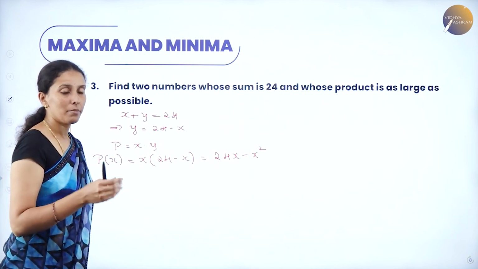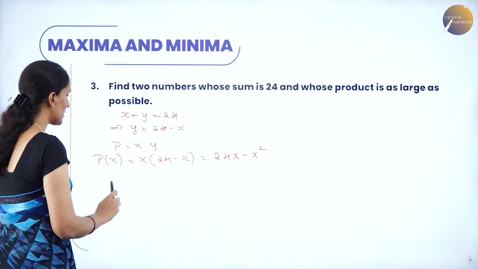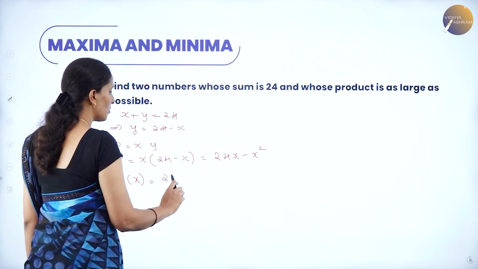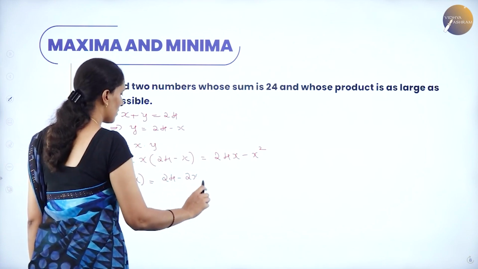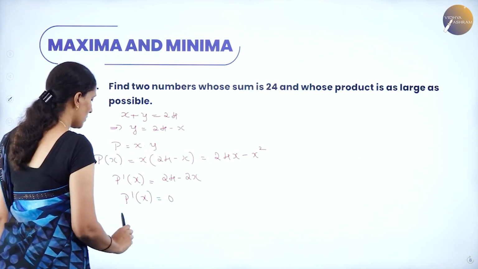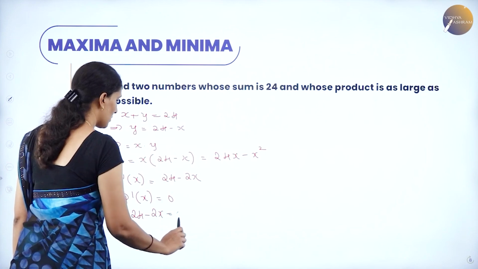To attain maximum, I have to get the second order derivative as negative. So, let's check P dash of x here. Then it is 24 minus 2x. So, put P dash of x is equal to 0. This implies 24 minus 2x is equal to 0.